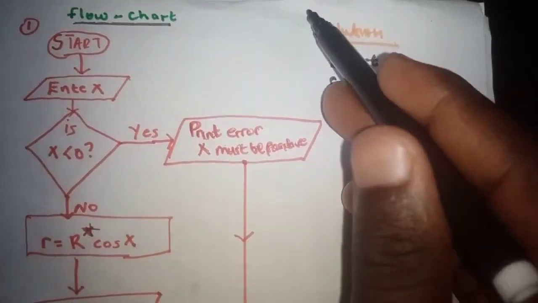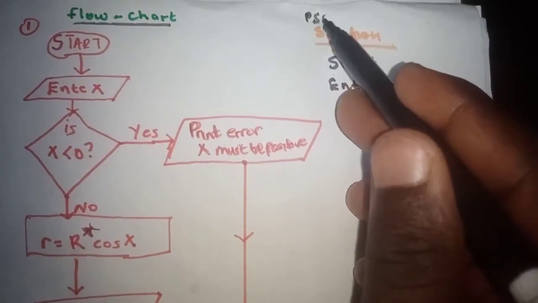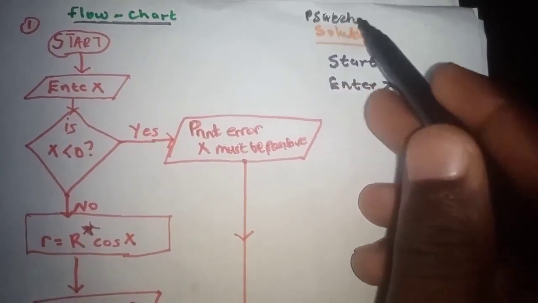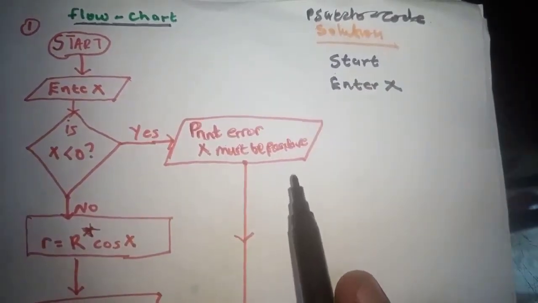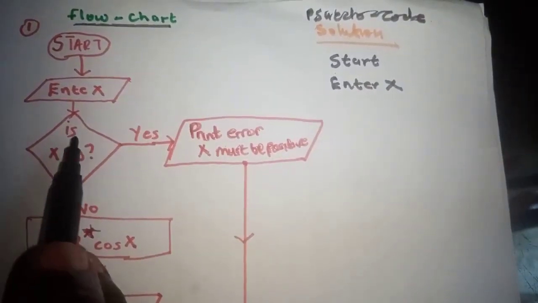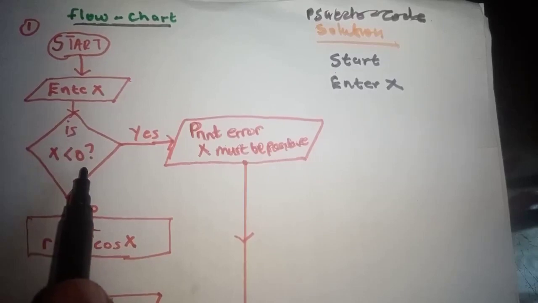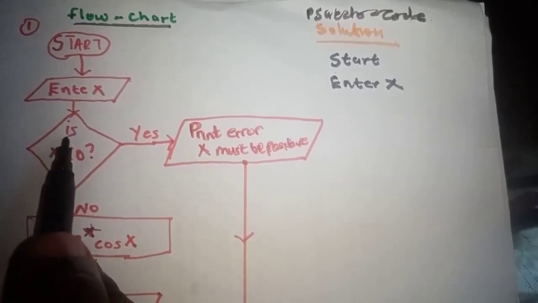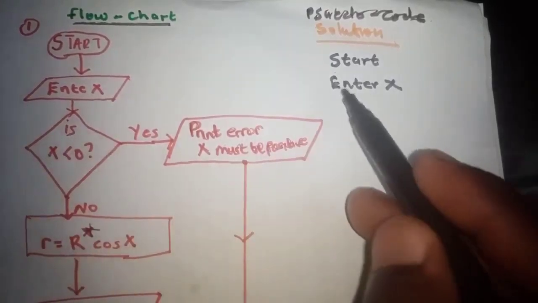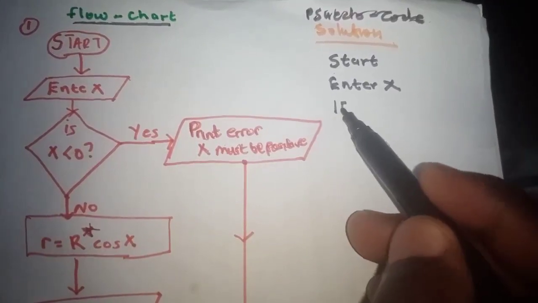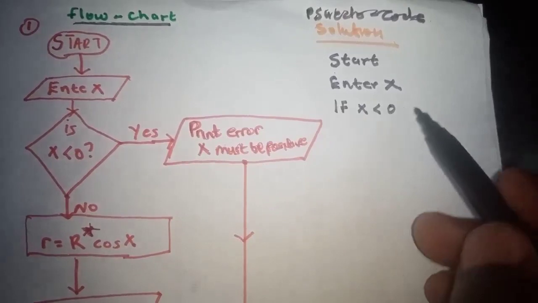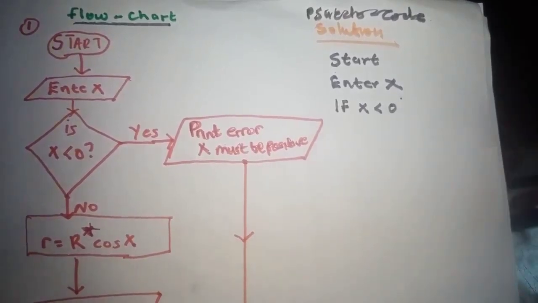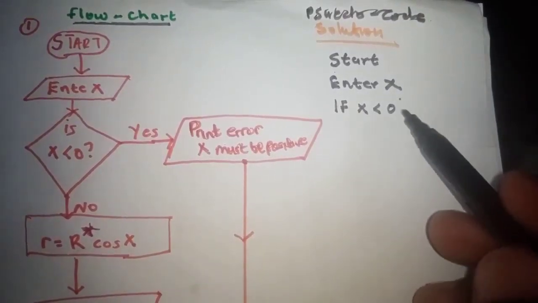Here what we are doing is a pseudocode. In the pseudocode, the is changes to if. So you're going to write if x is less than 0.